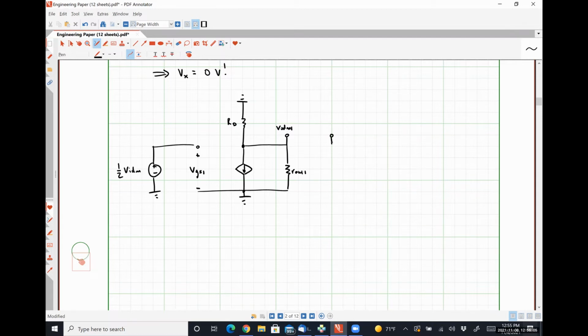And over here on the right hand side, excuse me, this is GMVGS1. We have effectively the same circuit. R out 2, VODM2. GMVGS2.